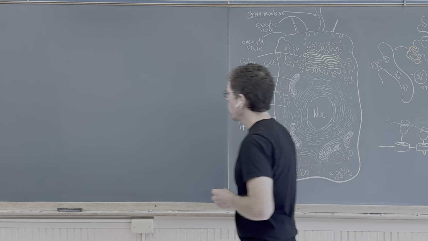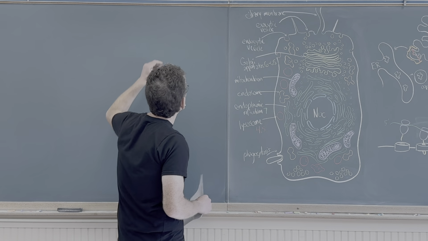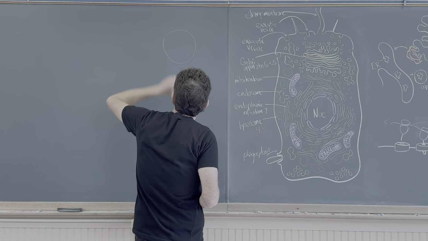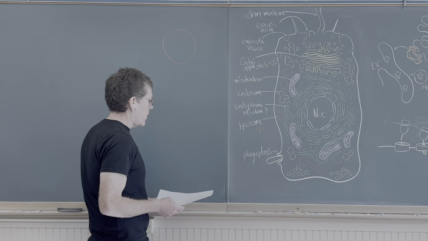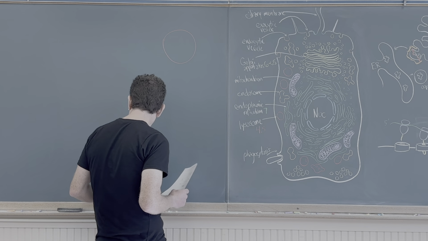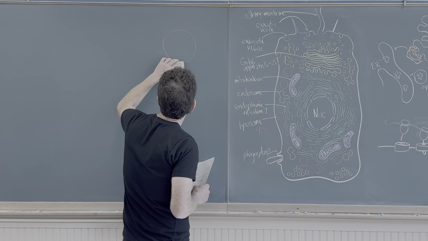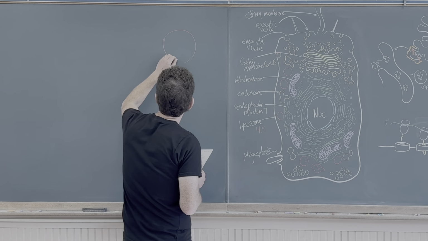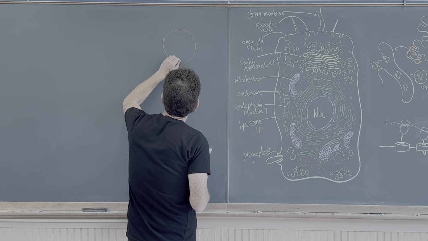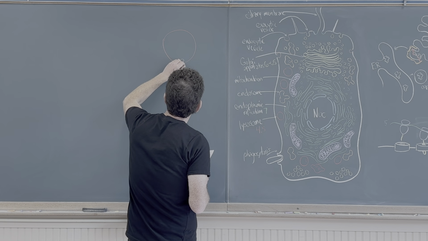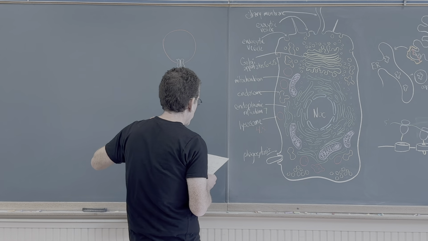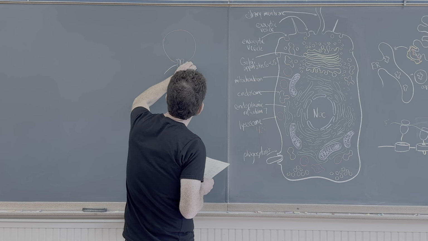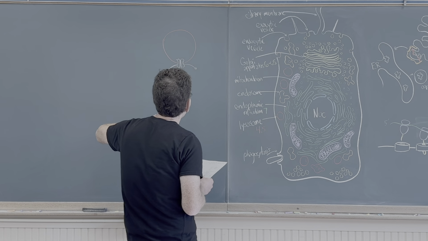Let's take a quick look at the other end of the secretory pathway, the lysosomes, the little bags of death water. So why, first of all, are they acidic? Because they house within their membranes an ATP-driven proton pump.